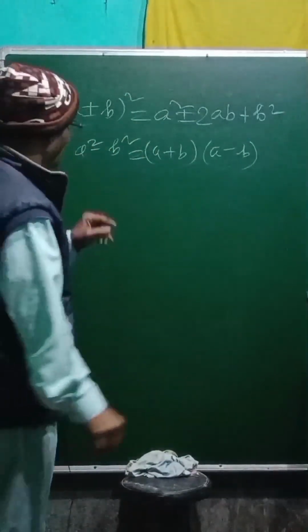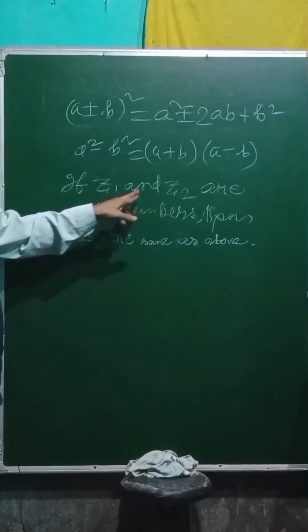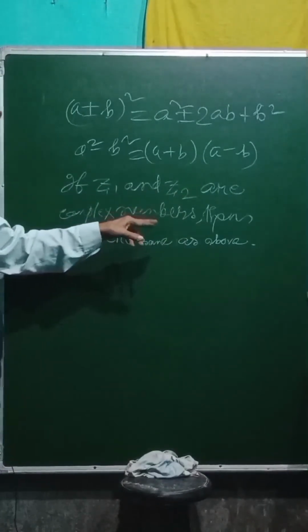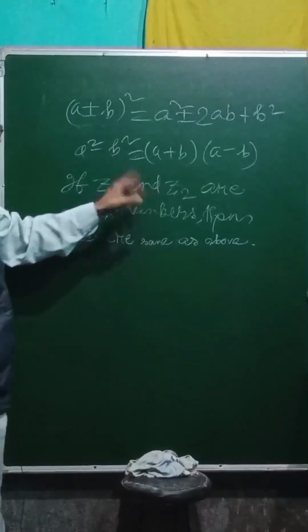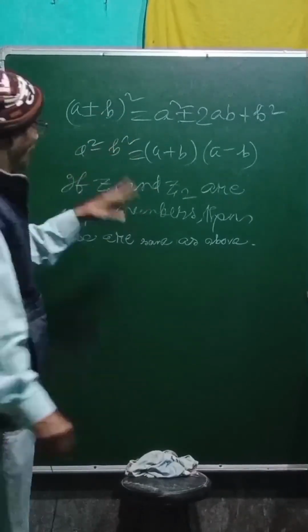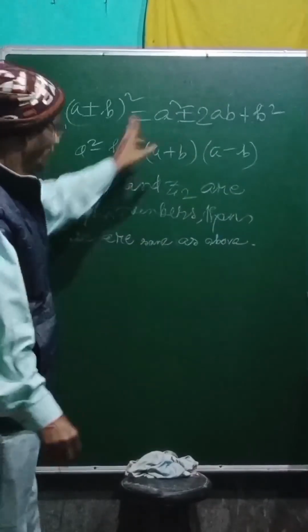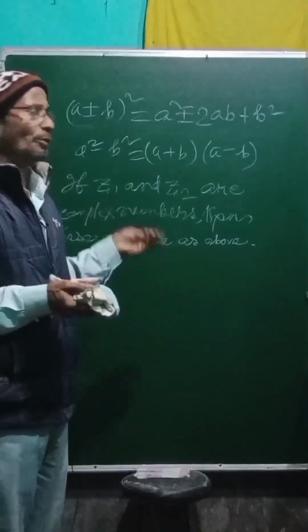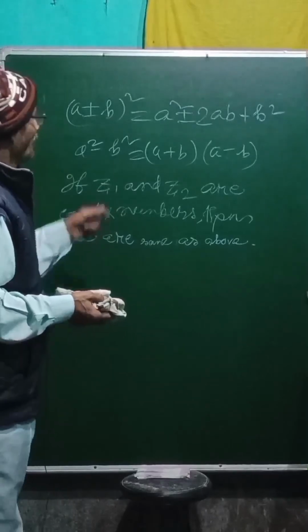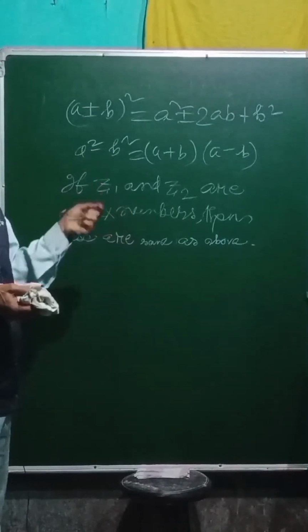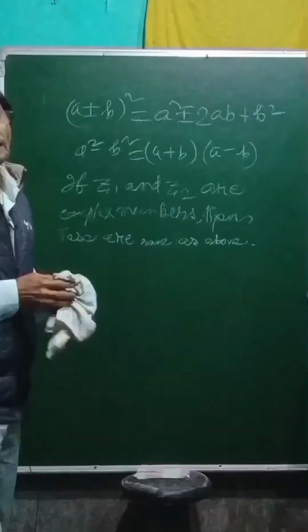So here, if z1 and z2 are complex numbers, then z1 plus z2 whole square, z1 minus z2 whole square, z1 square minus z2 square will be in that form only. To save time I am not going to show you in detail. So we have seen that there is no difference between these identities and those for the algebra of complex numbers.